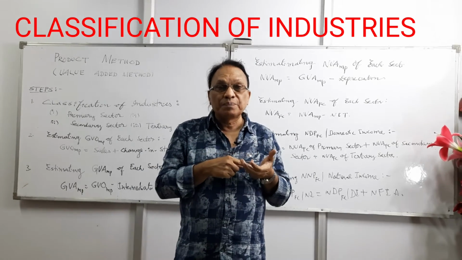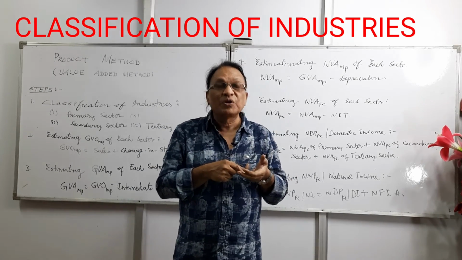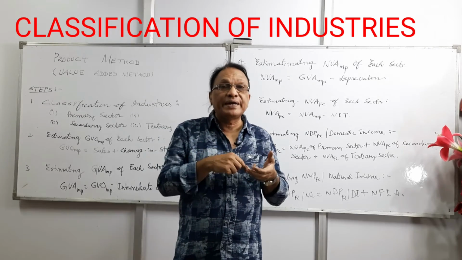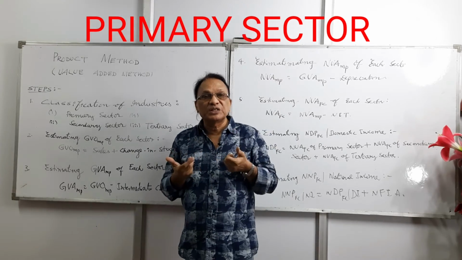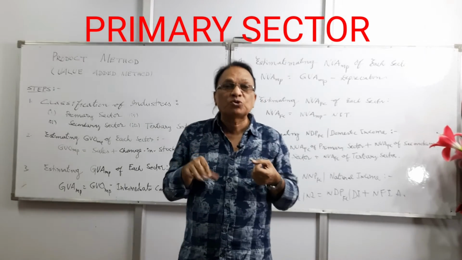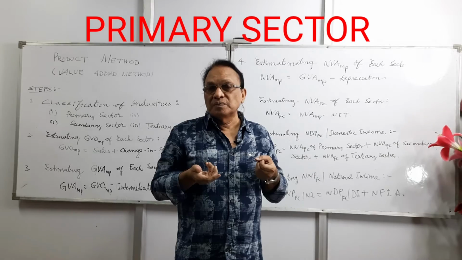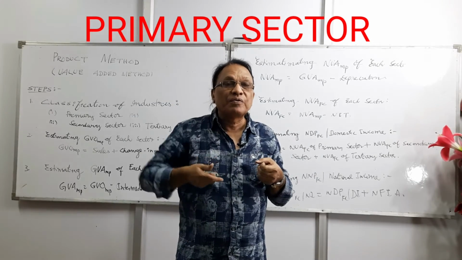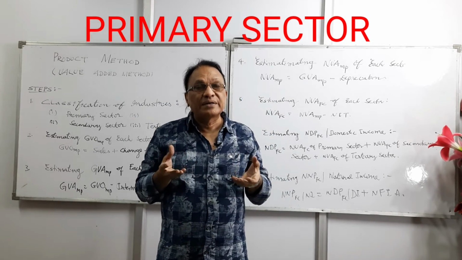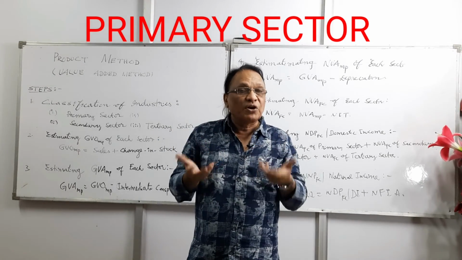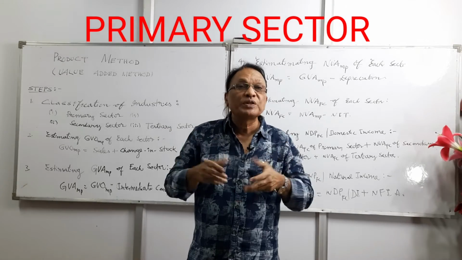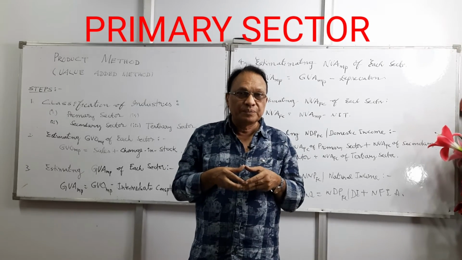One is primary sector. We have already seen earlier. I repeat again, what exactly is primary sector? Primary sector deals with the exploitation of natural resources, directly deal with the nature, which are these. Under this come agriculture, fishing, mining, logging, forestry, something to do with nature directly.